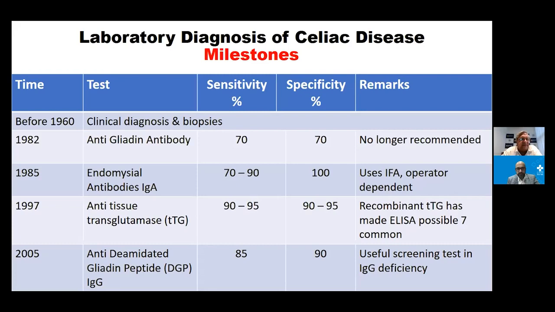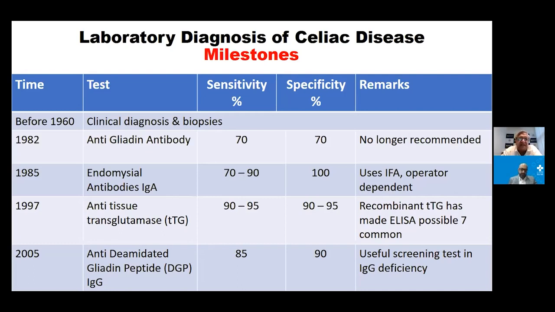In 2005, anti-deamidated gliadin peptide antibodies became available, and this IgG was found to be more sensitive and specific than the IgG of TTG. You would note, I had already mentioned that celiac disease patients are prone to have IgA immunodeficiency. So sometimes anti-TTG may not work if you are looking for IgA because the patient is IgA immunodeficient.